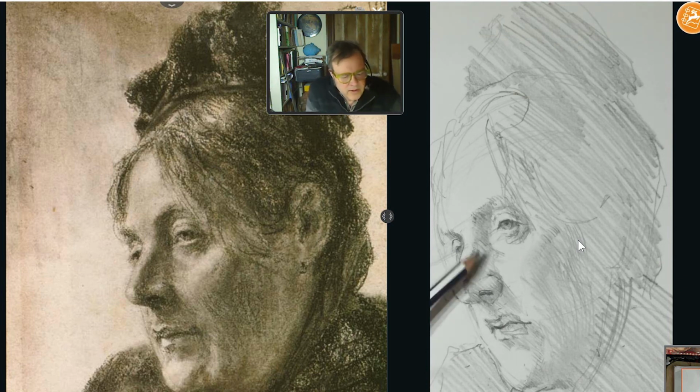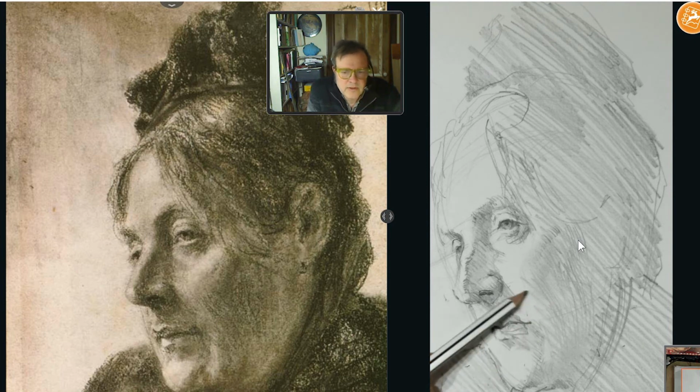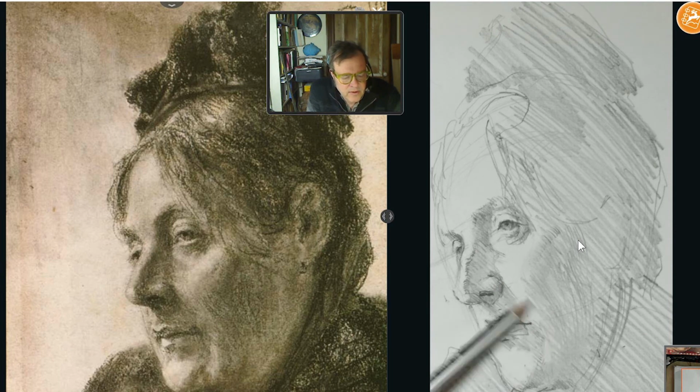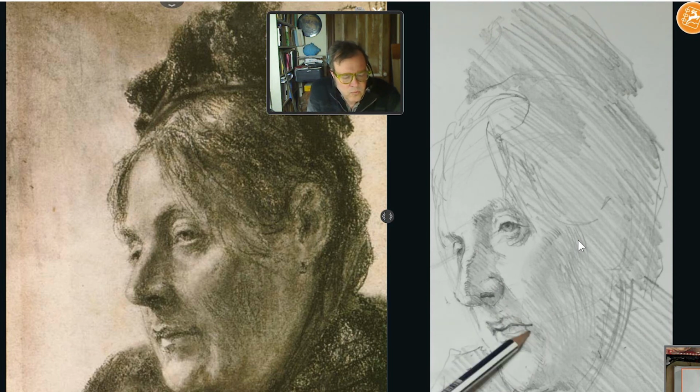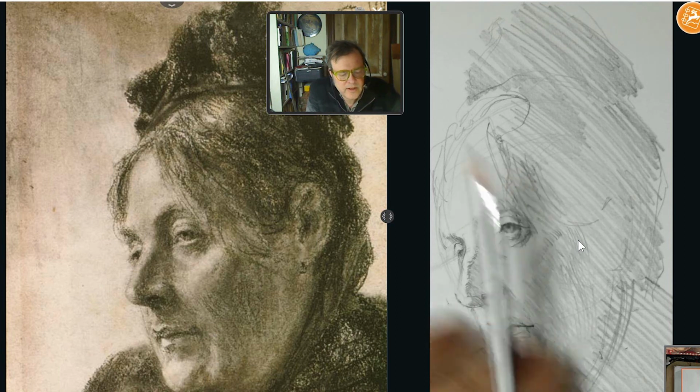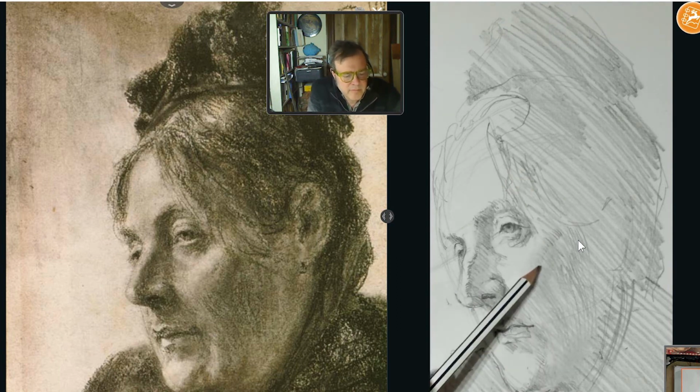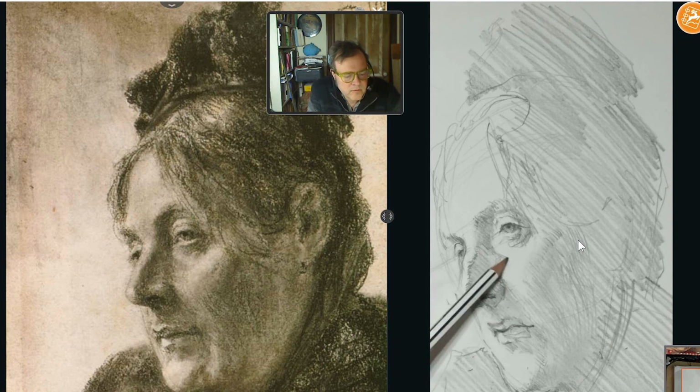And now I can see that the presence of some pure white down in this area is sort of flattening that. And I need to sort of lay a halftone in to unify that. I want to save my lights for my highlights, for my forms that are really prominent.